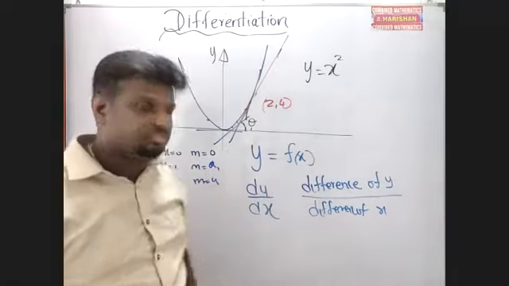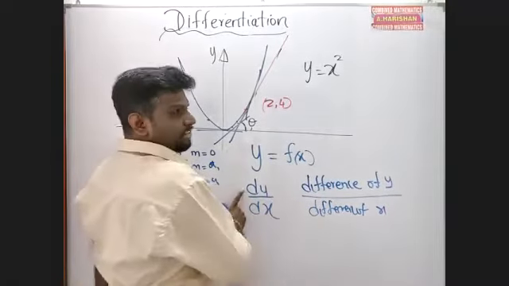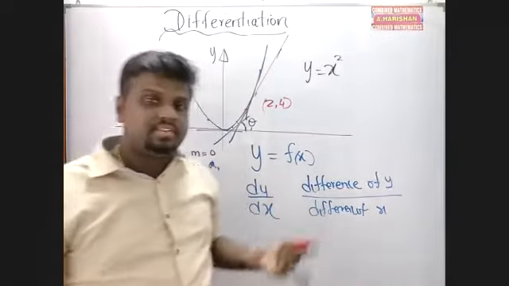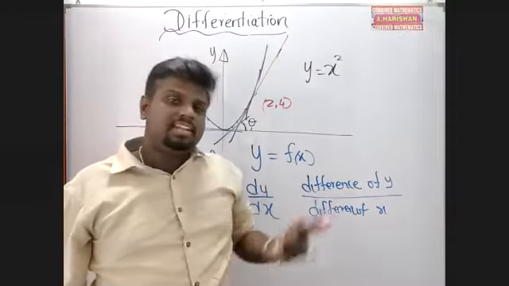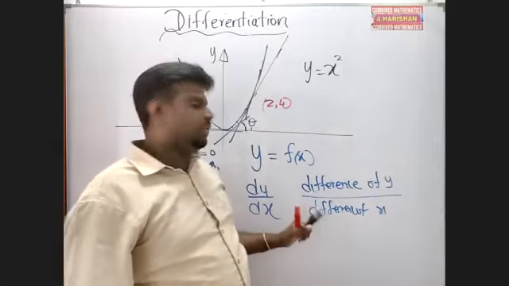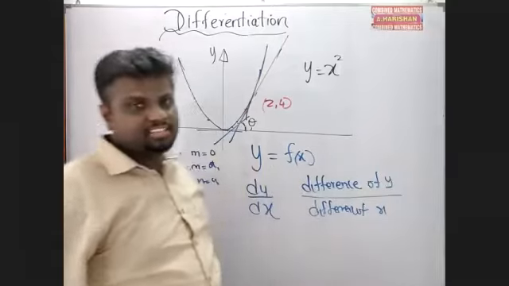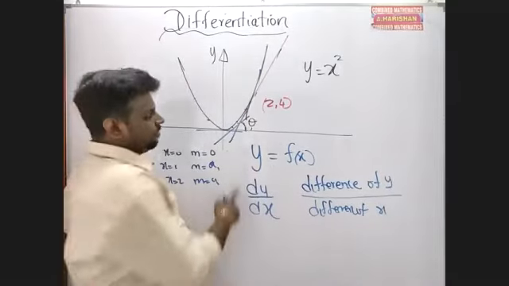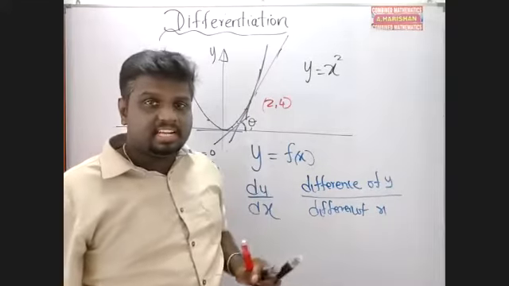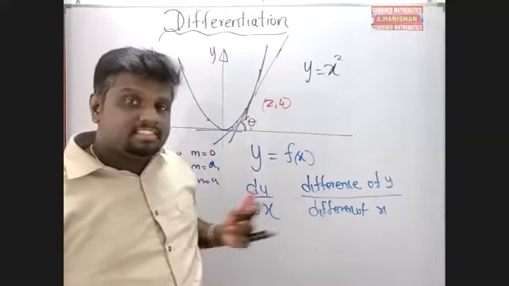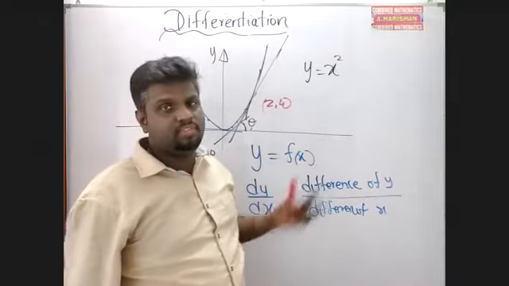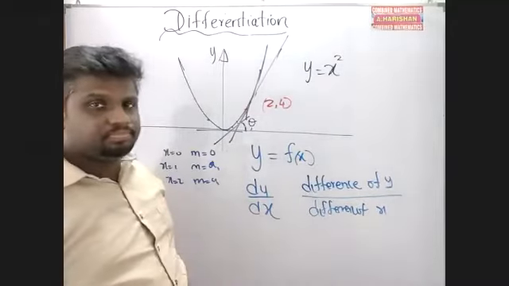We put d because of the first letter of the word difference. Later we will learn not the difference, we call it a derivative, so derivative of y over derivative of x. That is what we call dy by dx, which means finding the gradient. Is it clear? So dy by dx is the notation we are going to use to find the gradient of any curve.